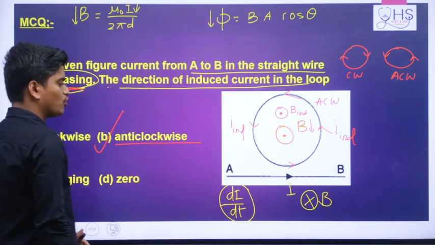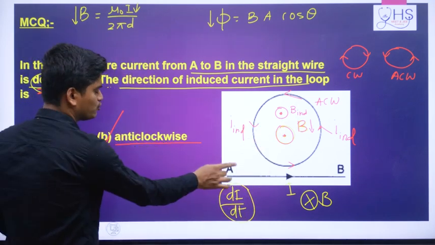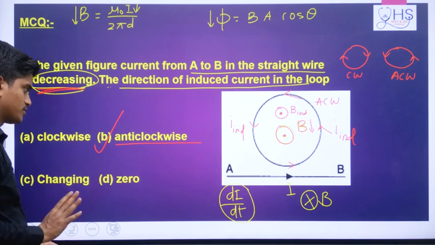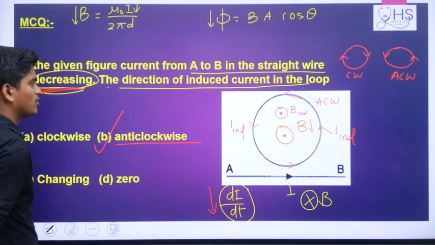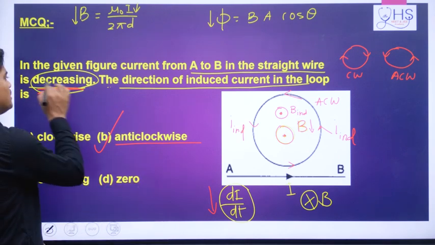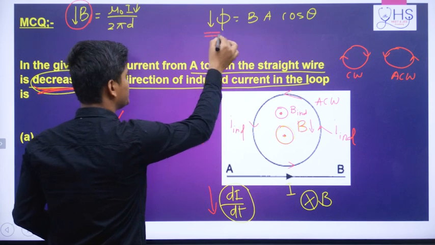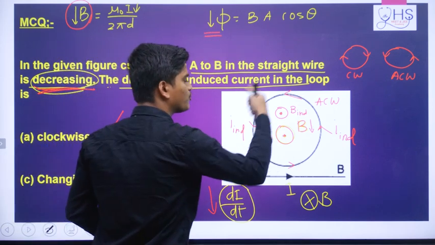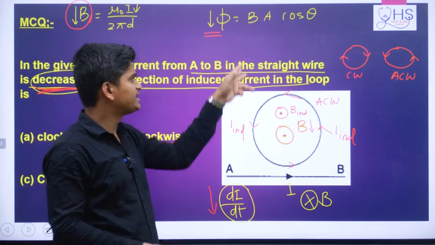Okay. So always remember, you check inside this loop what is the magnetic field due to straight wire, dot or cross. Then after you check current is decreasing or increasing. Current is decreasing. If current is decreasing, field also will decrease. If field decreases, flux decreases. So now induced EMF will produce in such a way that it will oppose the cause. So field is decreasing, right?